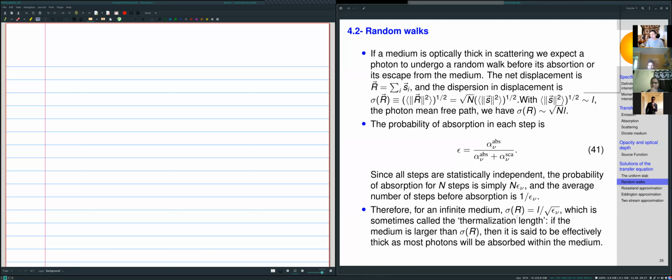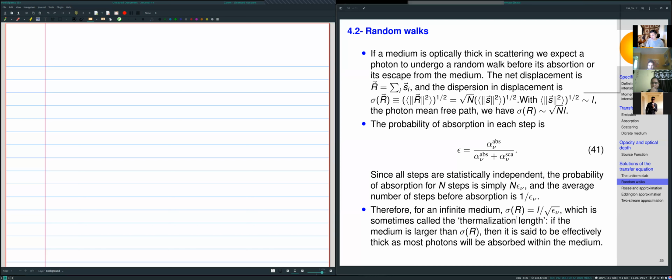Here I'm using this notation. I'm talking about the displacement in terms of the dispersion of the real displacement. R would be the amplitude of the position vector of a photon after n steps. I'm talking about the dispersion because we are discussing statistics here.